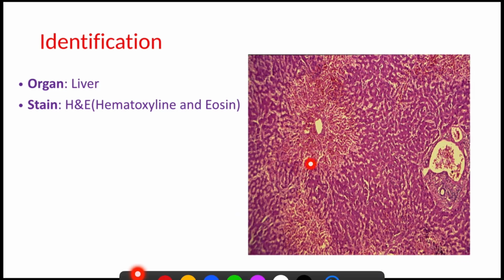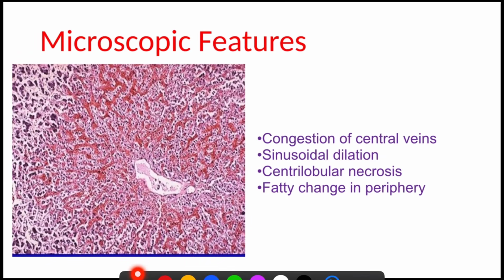So it is giving a red brown appearance, and surrounding hepatocytes show fatty change, so yellowish appearance. So this is fatty necrosis or fat presence. This is congested capillaries, congested central vein, and this will ultimately lead to centrilobular necrosis and fatty changes in the periphery.